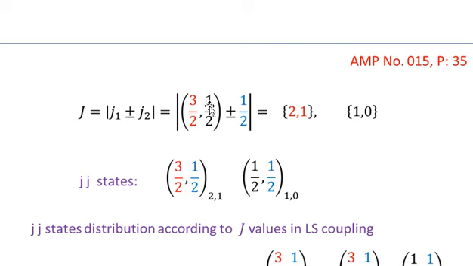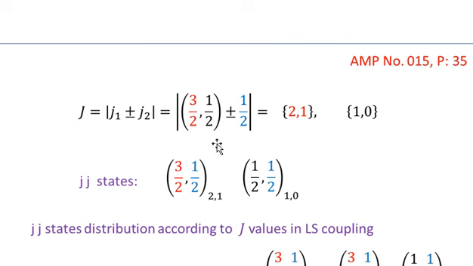Similarly, when the 1 half shown in black combines with the 1 half shown in blue, you produce two black terms shown in curly brackets as 1, 0. These are the four values of capital J. I have represented these four values with their corresponding terms.